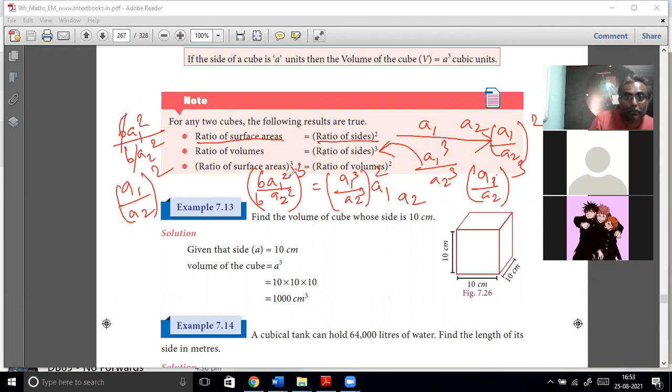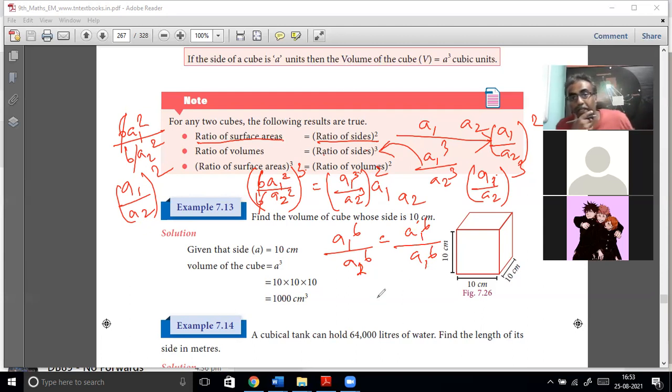Because A1 squared into cubed is A1 to the power 6, the 6 will go off, and this becomes A2 to the power 6. Here A1 cubed squared is again A1 to the power 6. So the ratio of the surface areas cubed is equal to the ratio of volumes squared. That's also very important. You understood this thing? The textbook is not explaining it. You have to understand that.